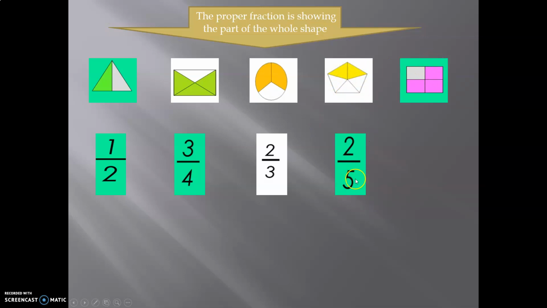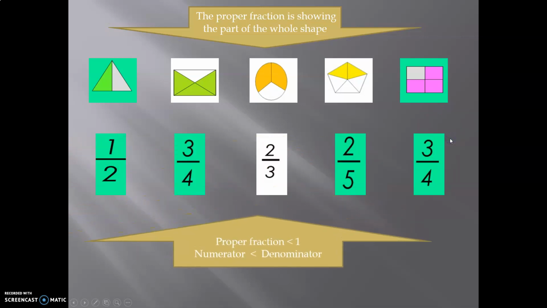So it is 2 out of 5, 2/5. 3 parts out of the total 4 parts are colored in pink. So it is 3 quarters or 3/4.